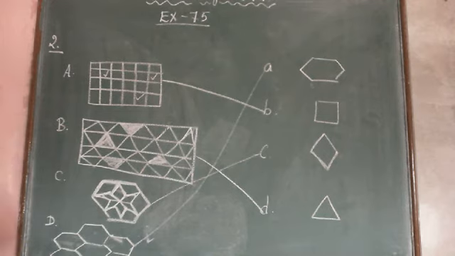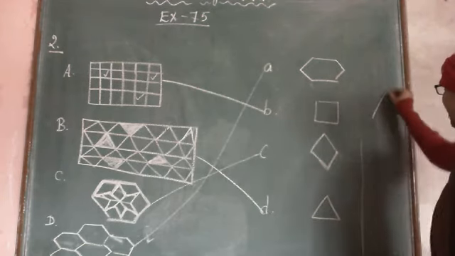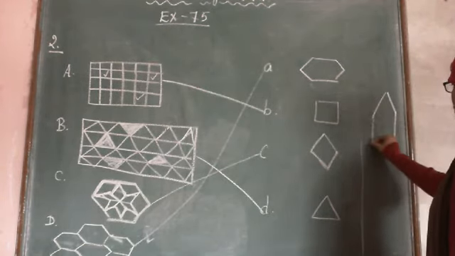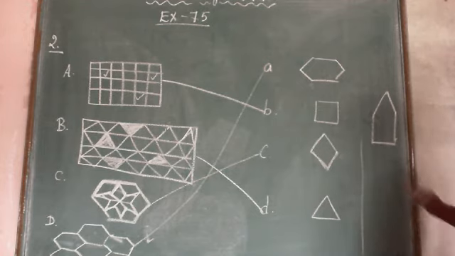So all of you do it in your copy, classbook copy. A shape which is having 5 sides, we call it as pentagon. This is the additional information. See 1, 2, 3, 4, 5. The shape is having 5 sides, we will call it as pentagon.